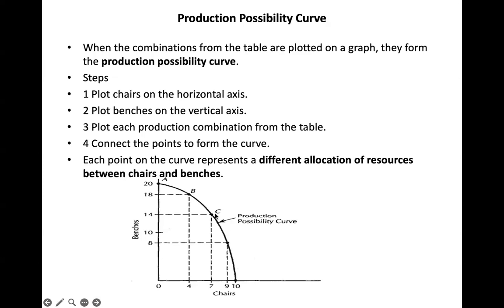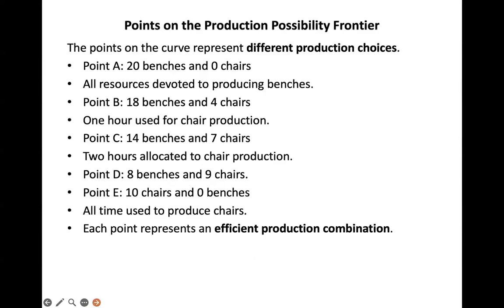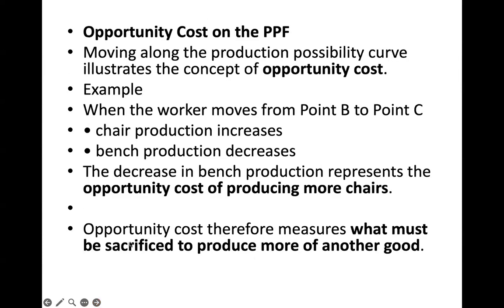B to C, production of benches has decreased, but that of the chairs has increased. So the decrease in benches represents the opportunity cost of producing more chairs. The opportunity cost therefore measures what must be sacrificed to produce more of another good.